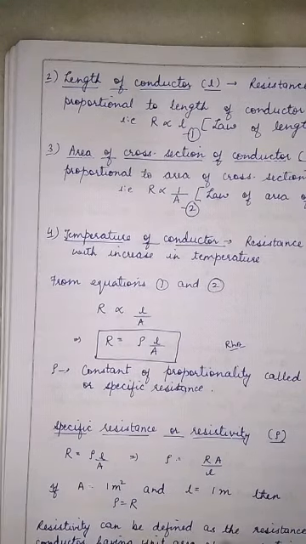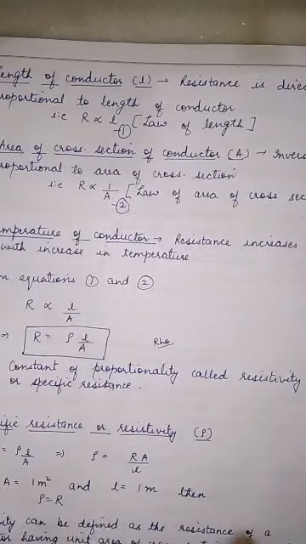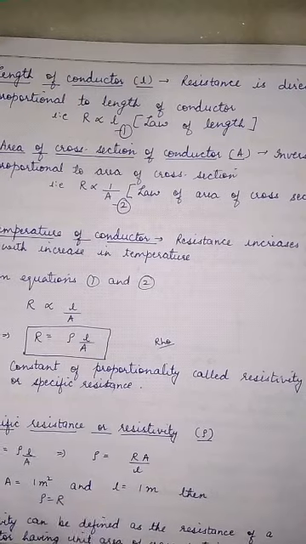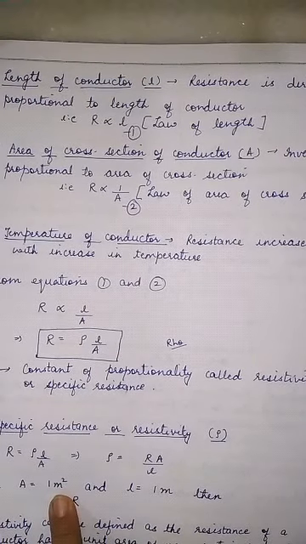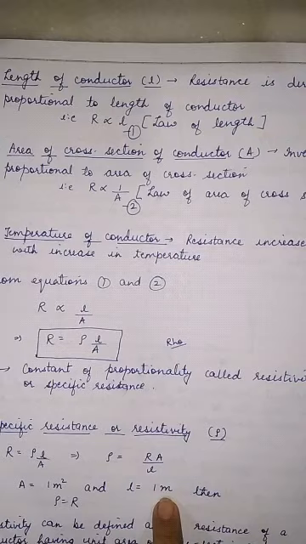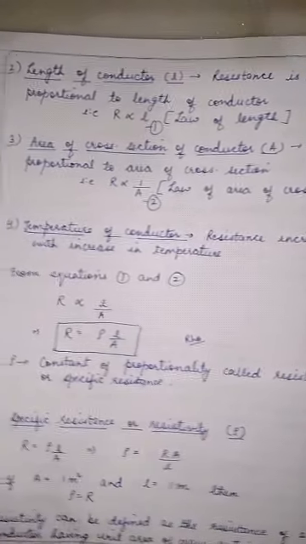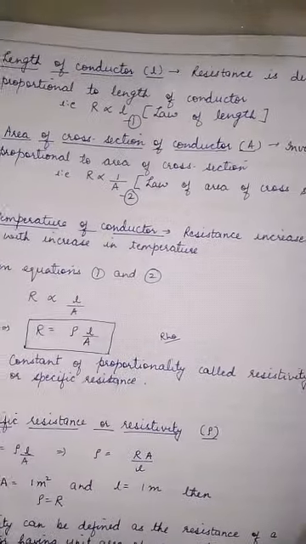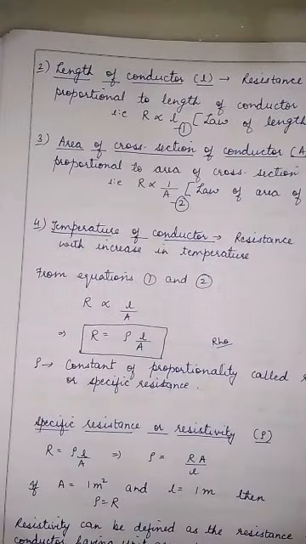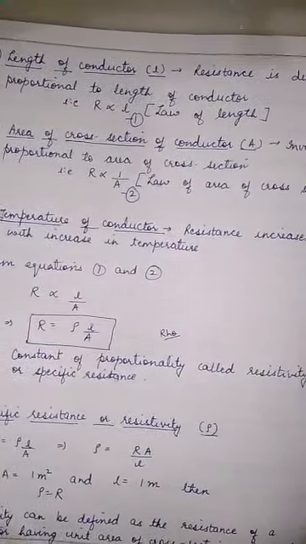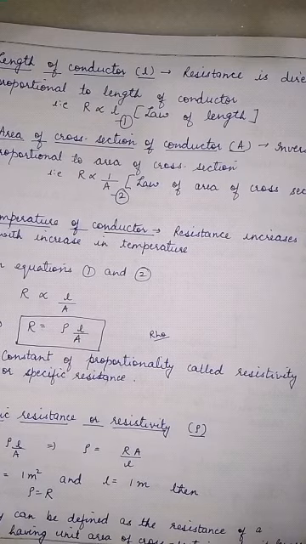Resistivity can be defined as the resistance of a conductor having unit area of cross section and unit length.